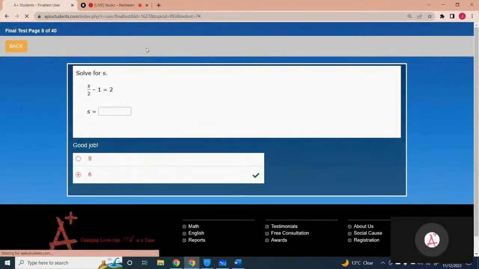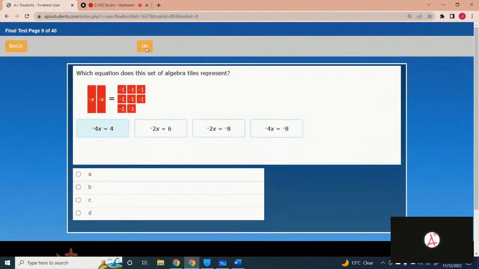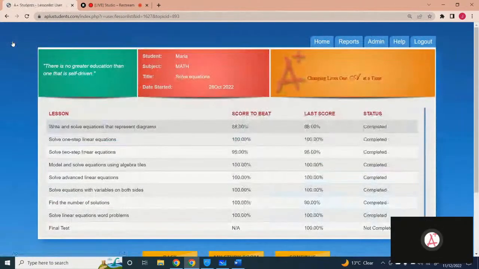Okay, you can complete the test by yourself later today. Let me just move on to the next topic. So we have completed this chapter. So the next chapter is single variable inequalities.